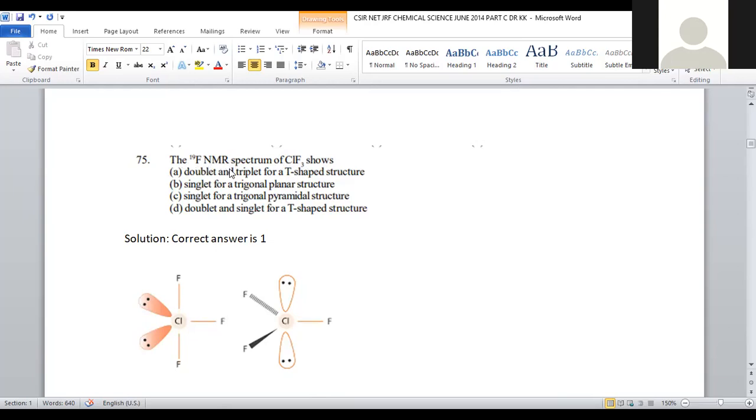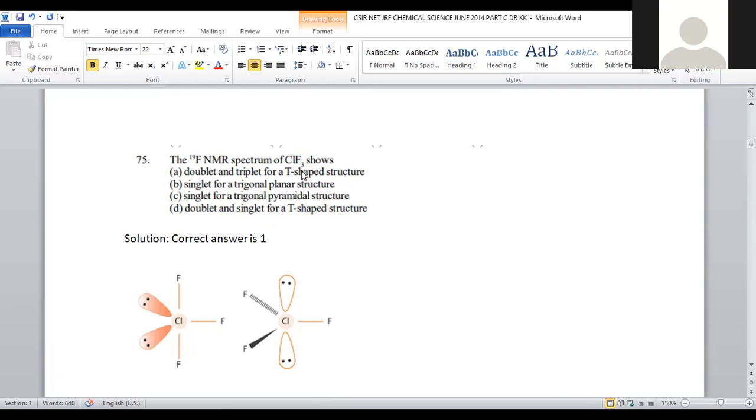spectrum? So NMR spectroscopy is applicable to proton NMR, C13 NMR, F19 NMR. In this way, different NMR spectra are available. F19 NMR is specific for predicting structure based on the nature of the fluorine atoms present in the given compound, right?